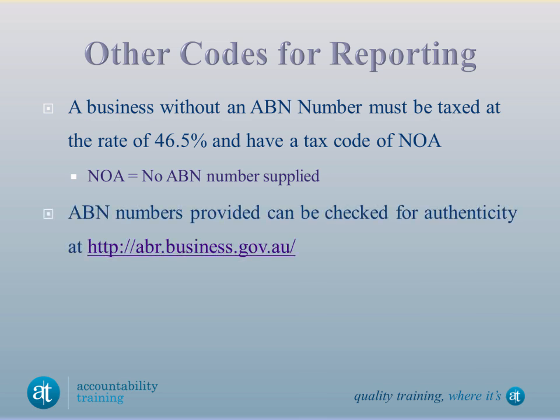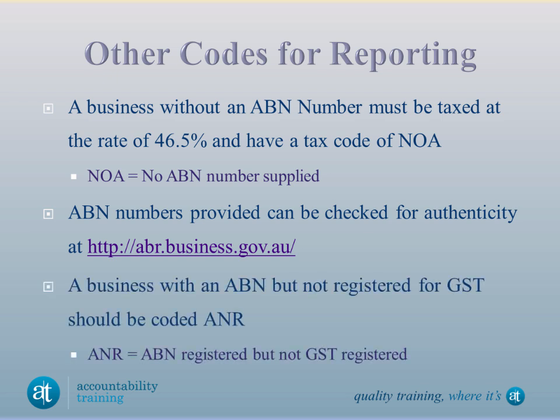Where a business is ABN registered, but is not registered for GST, we use a code on this entry into our accounts of ANR, which stands for ABN but not GST registered.